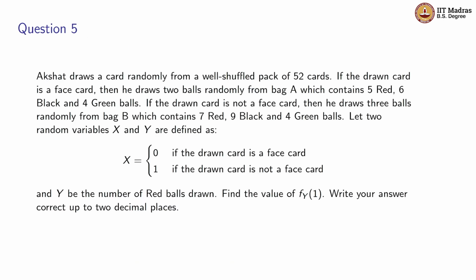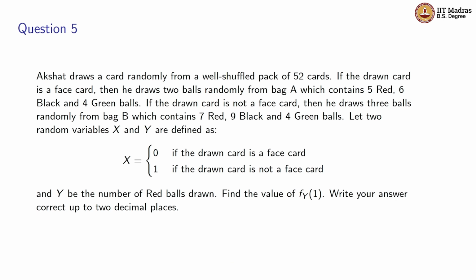Now let us move to the next question. Question number 5 says that Akshay draws a card randomly from a well-shuffled pack of 52 cards. If the drawn card is a face card, then he draws 2 balls randomly from bag A, which contains 5 red, 6 black, and 4 green balls. If the drawn card is not a face card, then he draws 3 balls randomly from bag B, which contains 7 red, 9 black, and 4 green balls.